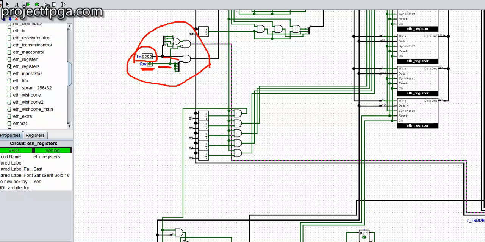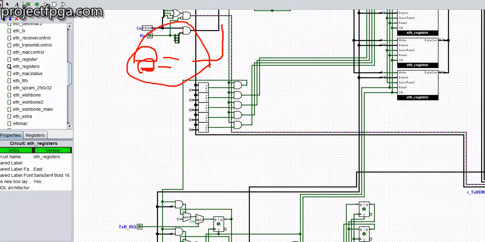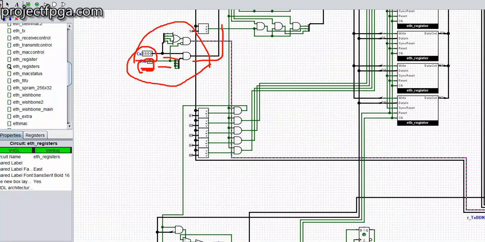So whenever this signal here is high, that means we are writing. So this AND gate is going to be on, and it goes up into the different register. We are going to come to that and see how it went up. Then this is for reading.